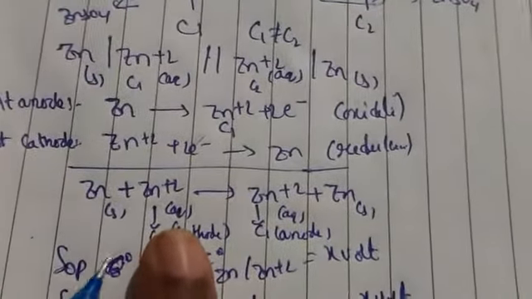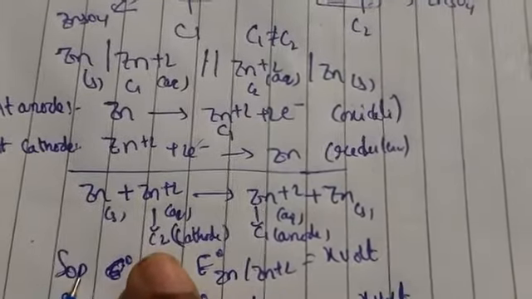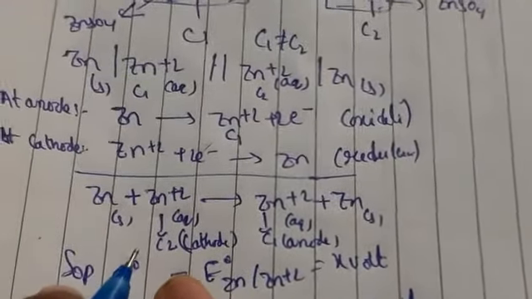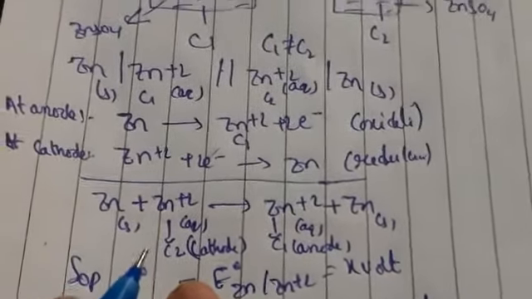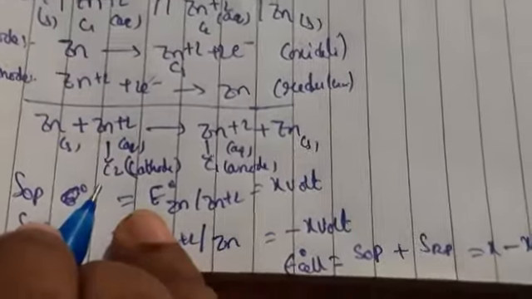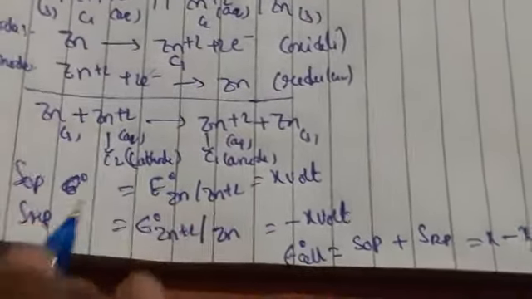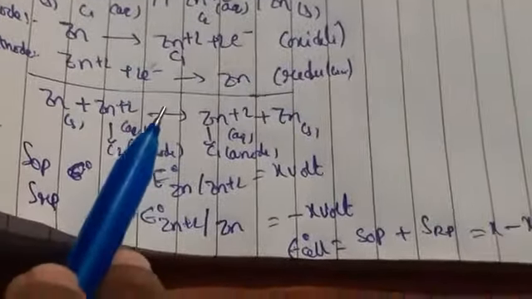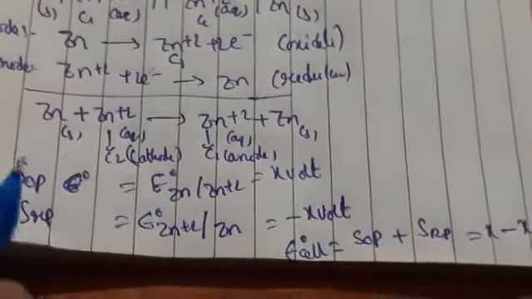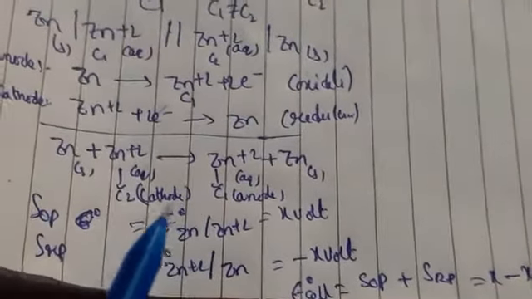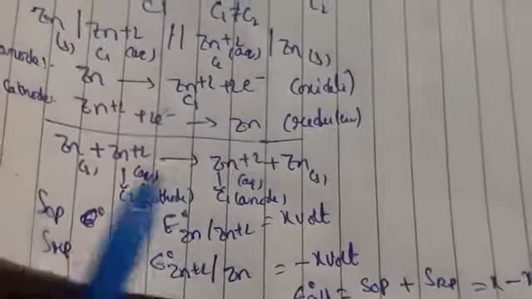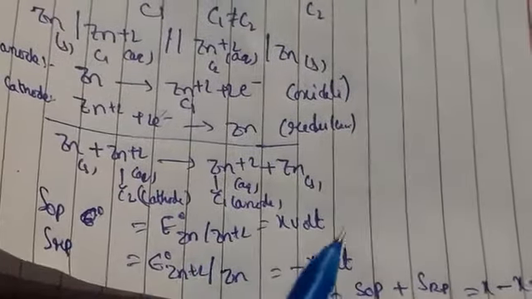Now if you write the standard oxidation potential, what does the standard electrode potential mean? It is represented as E0, meaning at 25 degrees centigrade the concentration is unity, 1. Yes or no? That we call the standard electrode potential. Now for the standard oxidation potential we write E0 of Zn by Zn2+ equals x volts at the anode reaction.